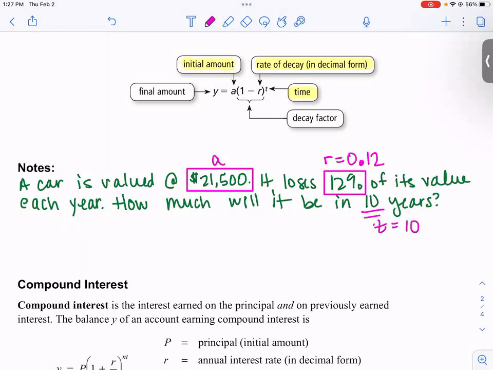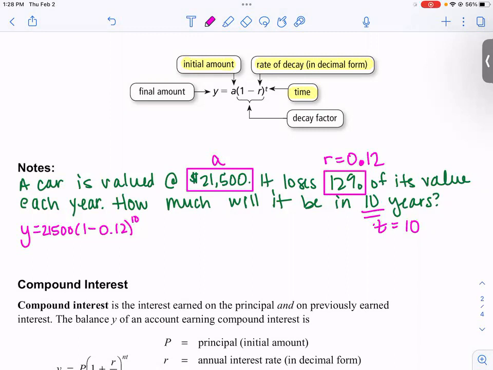Okay, so you're working ahead of me here. Hold on. Say timeout break. Okay, so y equals A times 1 minus r raised to the t.